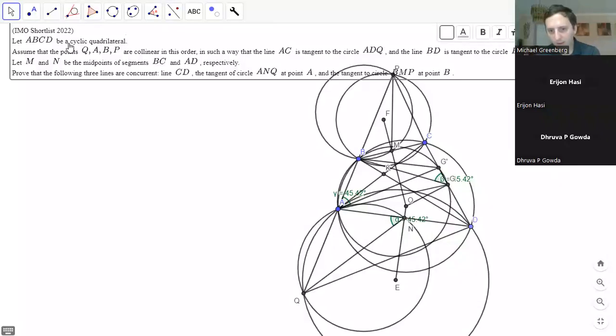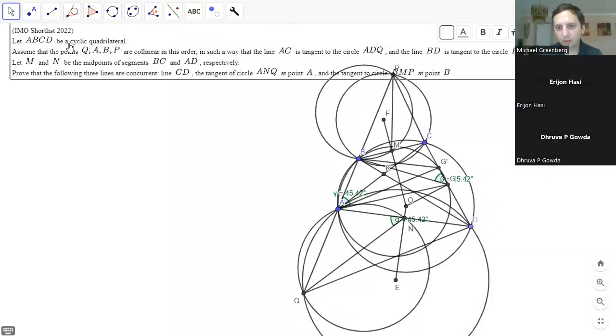BCD is similar to AQD by an angle chase. I might just leave it at that. Let me think about that for a second. So angle BCD is angle QAD, and then can we get one other angle in that to show they're similar? I think I got it by the given tangency.